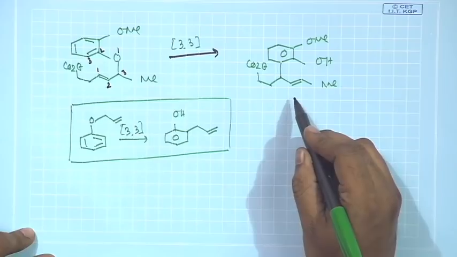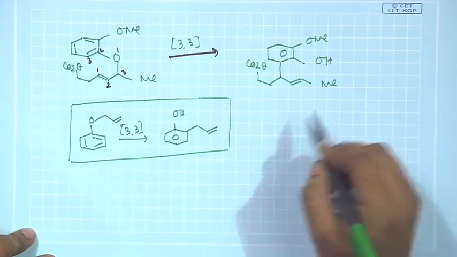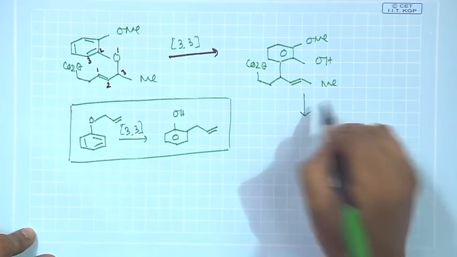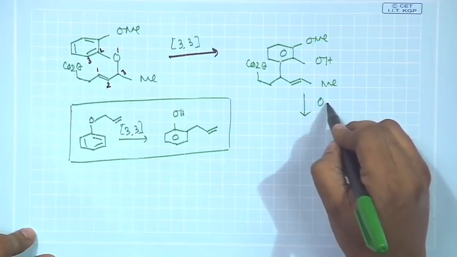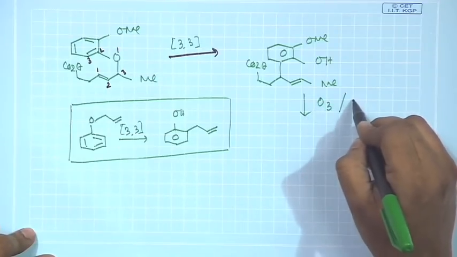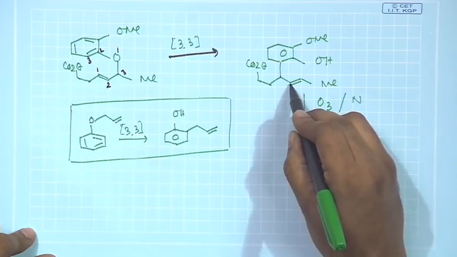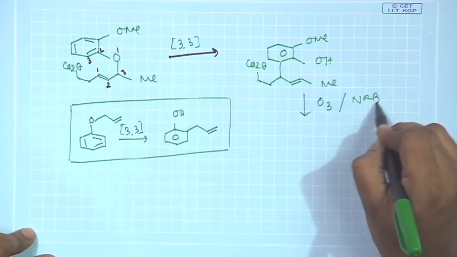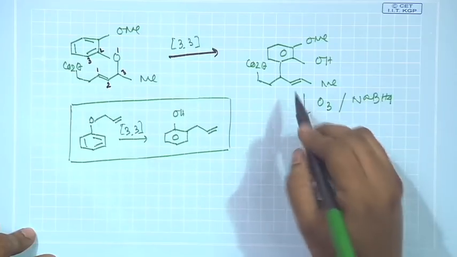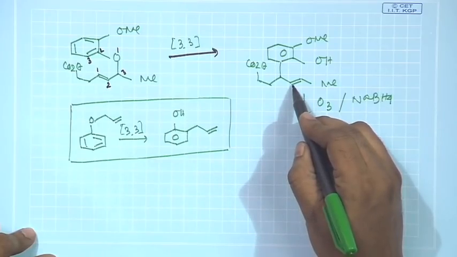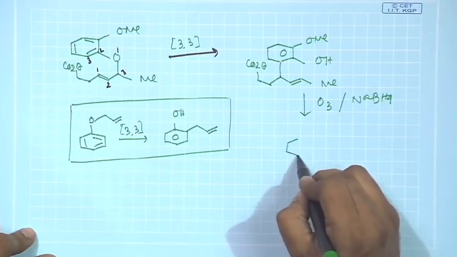So, now you are almost very close, very close. Now, what is required? You do an oxidative cleavage just by ozonolysis. Then you reduce the generated aldehyde by sodium borohydride, and then you get the free alcohol which was generated here. Okay, we can write it down.